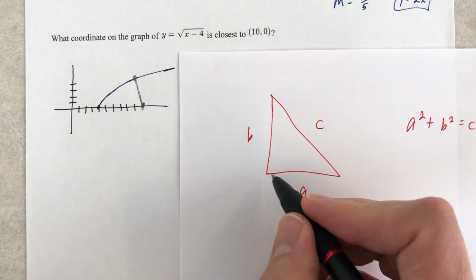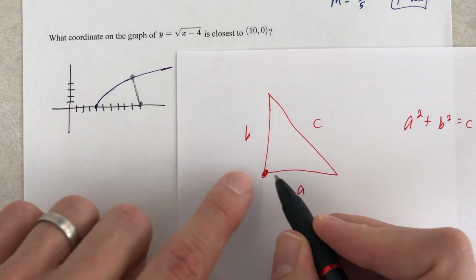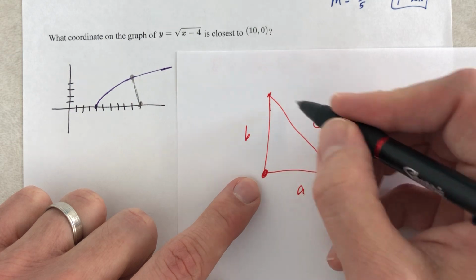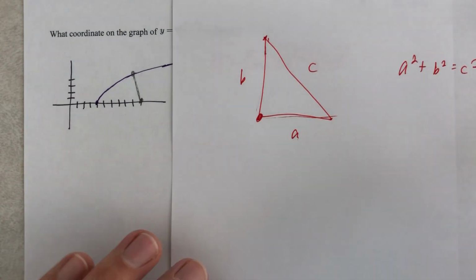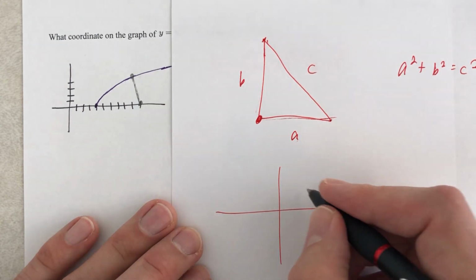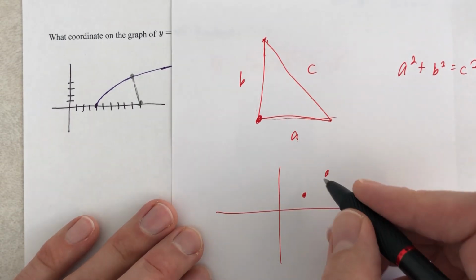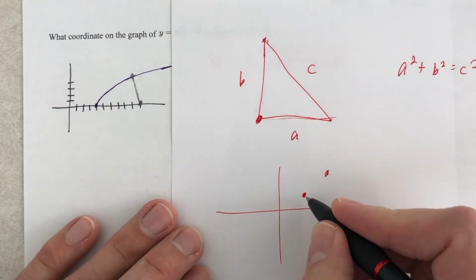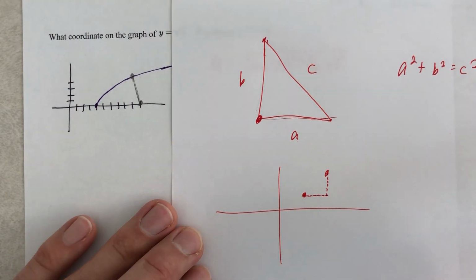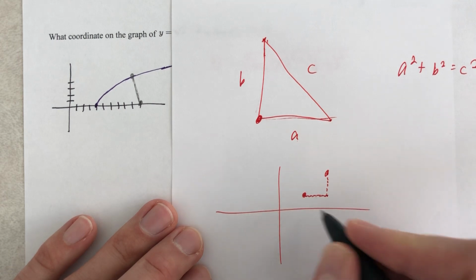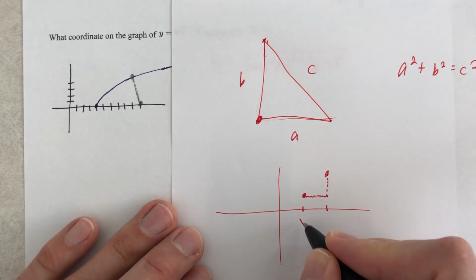If I wanted to know the distance from here to here, I could do A squared plus B squared. Well, now that we're in a coordinate plane, if I want to know the distance from here to here, we'll turn this around. This distance is the distance I get by subtracting a couple of x's.